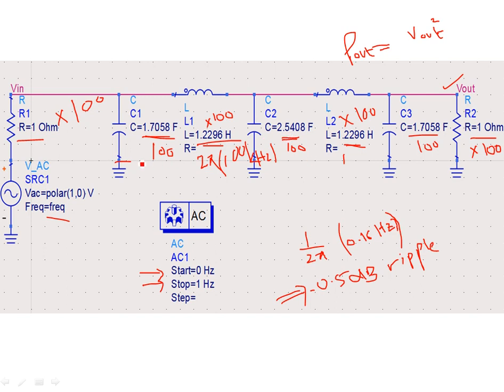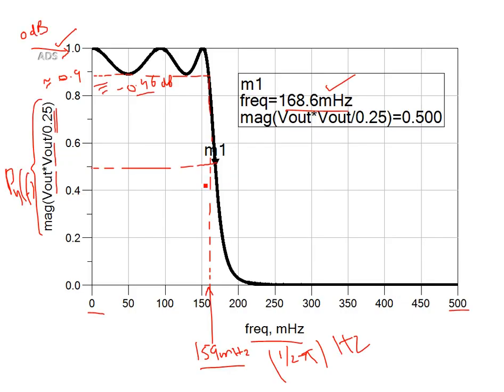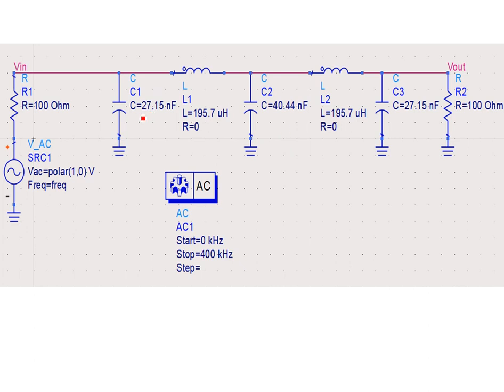For example, this is 1.705 divided by 100, and then you divide this by 2 pi times 100 kilohertz. This procedure has to be carried out for all the lumped components. If you do that, these are the values that I'm getting.